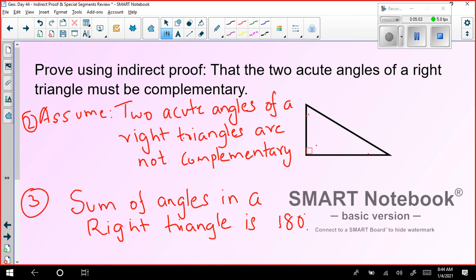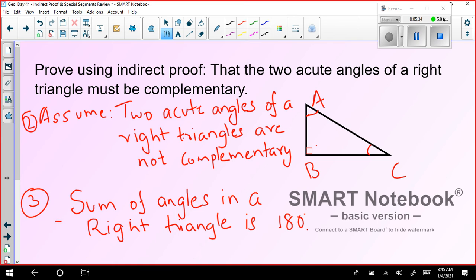So these two are the acute angles and this is a 90 degree angle, and the sum of all the angles in this particular triangle is 180 degrees. If you want, you can take a particular example and prove using that. But I'm just writing in general. I'm not using angle A, angle B and angle C. I'm just writing a general proof here. So the sum of angles in a right triangle is 180 degrees.